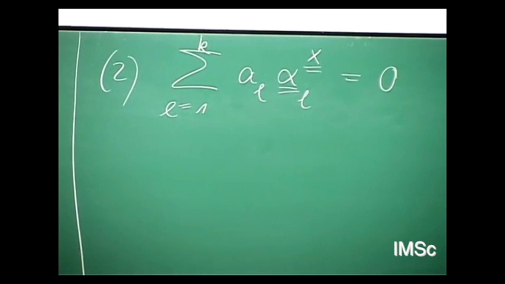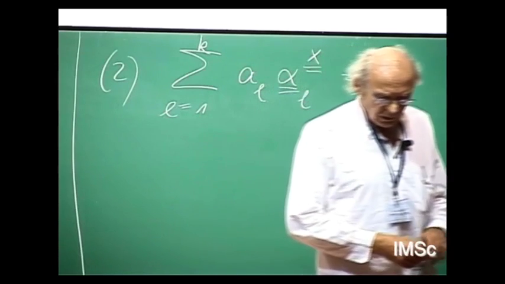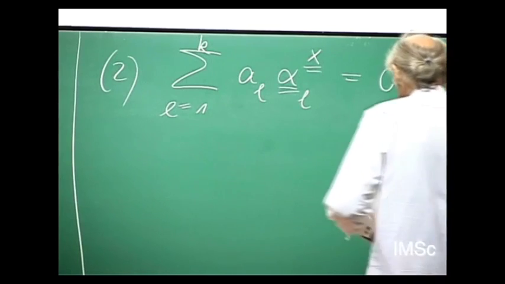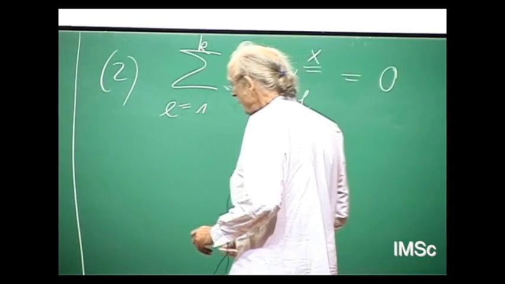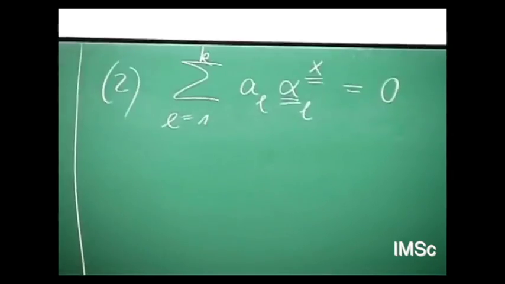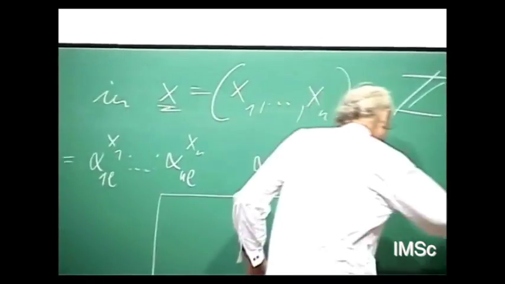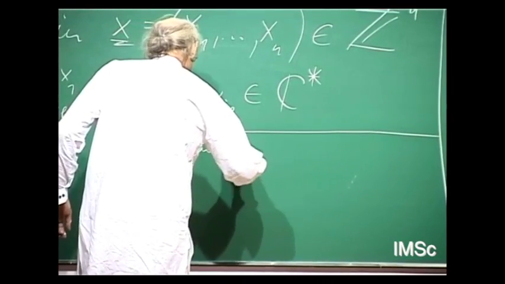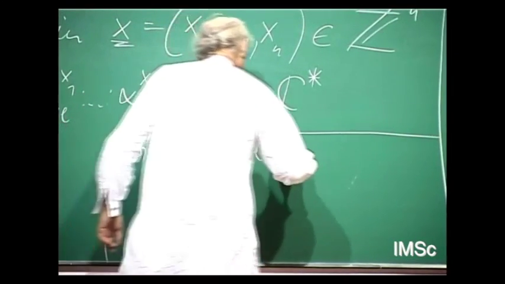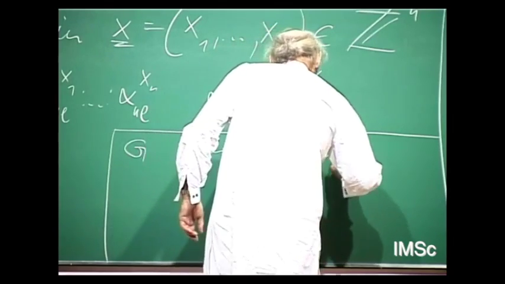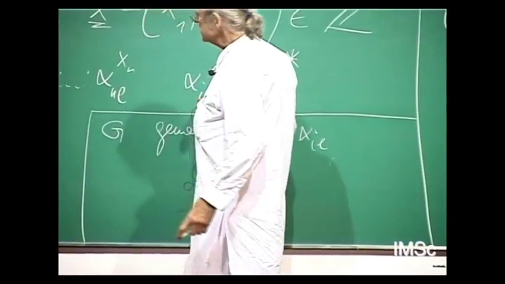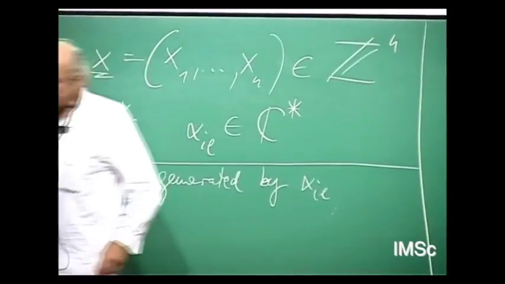Now let's see. This equation 2 is, well, let me put it that way, at least very much related to an equation of the following type. We consider the group G generated by these alpha_iL, by these elements that make up our alpha_L.